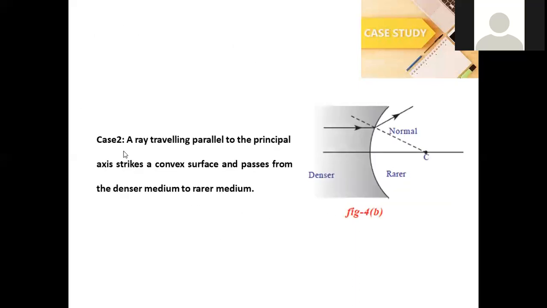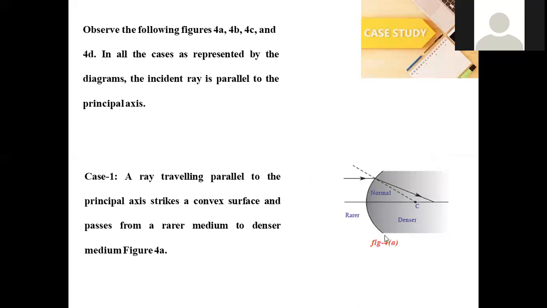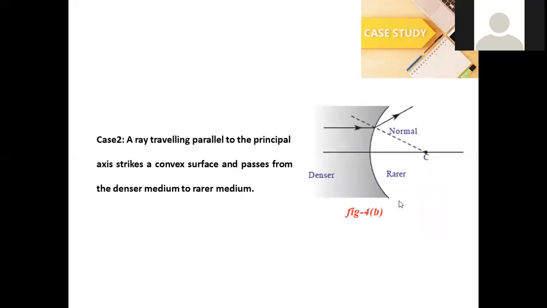Let us move on to condition 2. In this condition 2, we are taking the reverse, the reciprocal of the earlier case. In the earlier case, it is bulging outside. In the second case, it is curved inward, that means a parabola is there, which is said to be concave, right? The ray traveling parallel to the principal axis strikes the convex outer region and passes from the denser medium to the rarer medium. So here, we are starting from the denser medium.